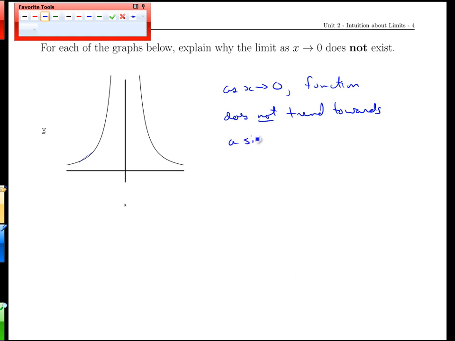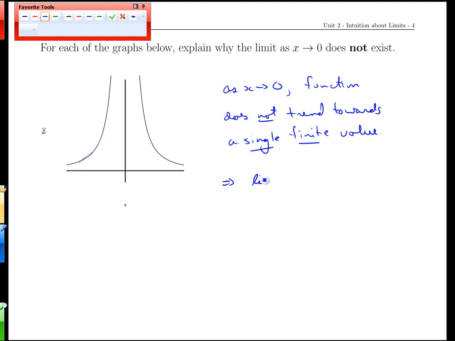And so here's going to be the test: does it trend towards a single and finite value? It definitely does not. This graph, as we approach from the left, is going off towards infinity. It has an asymptote. As we approach from the right, it has an asymptote as well. So as x goes to 0, this function does not trend towards a single finite value.